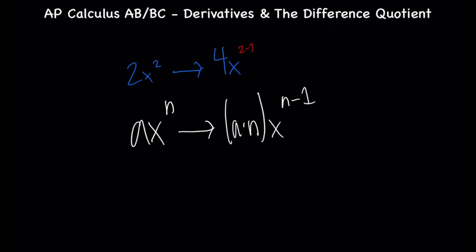Because 2 minus 1 is just 1, so you don't really have to put a power there. You can put x to the power of 1 if you'd like to, but there's not really any point, same meaning. And then it's a times n. This 2 is n, this 2 is a. You're basically multiplying them together to get 4. That's basically how it works.